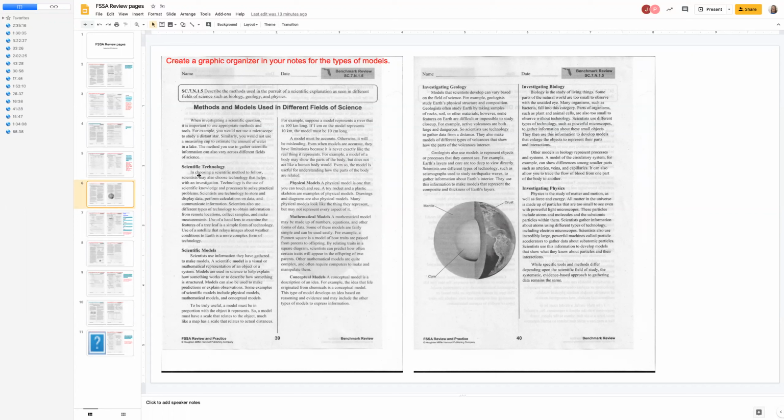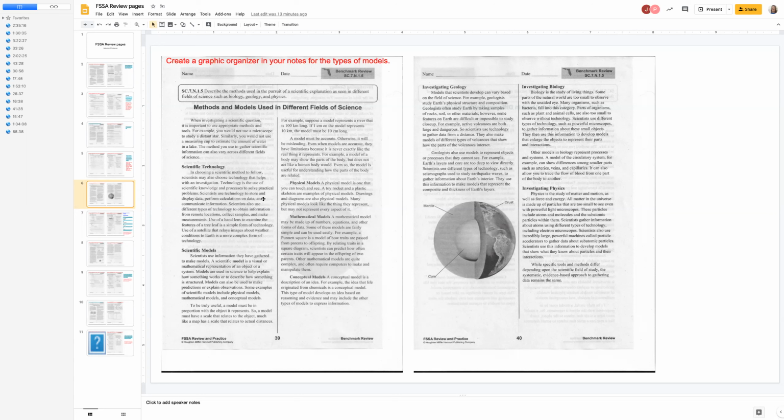Scientific technology. In choosing a scientific method to follow, scientists may also choose technology that helps with an investigation. Technology is the use of scientific knowledge and processes to solve practical problems.